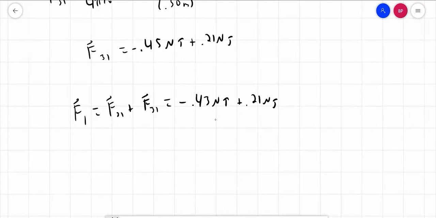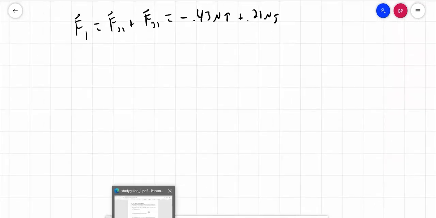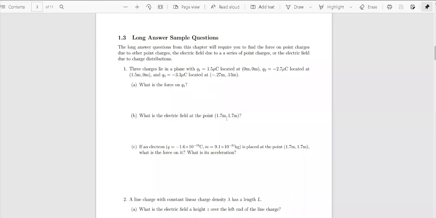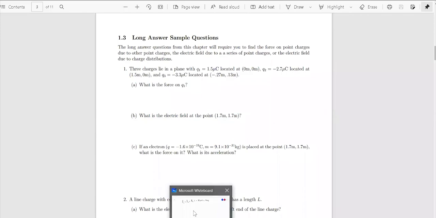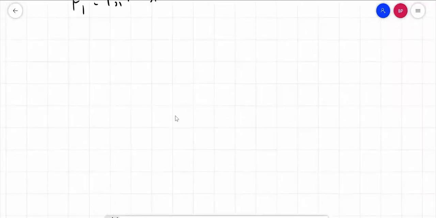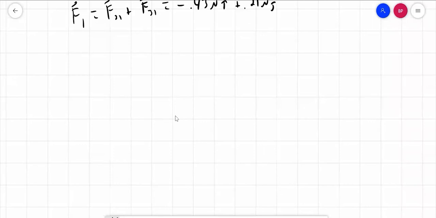All right, so next we're asked to find the electric field at the point 1.7, 1.7. Okay, so let's redraw our problem here. All right, so Q1 was at the origin. Q2 was some distance over here.